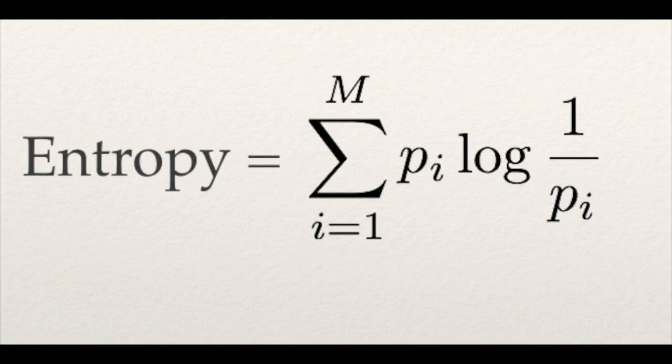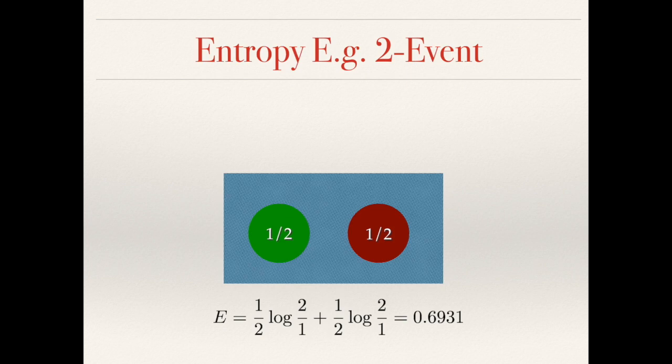In this case, the entropy will arrive at its maximum given a certain number of events to be considered. For example, if we consider 2 events, the entropy reaches the maximum when the 2 events have equal chance of happening, that is one half.